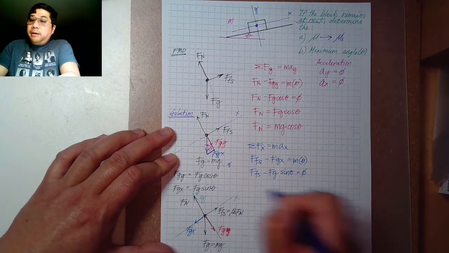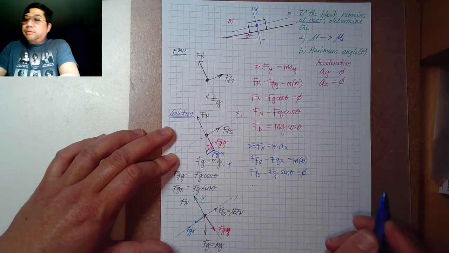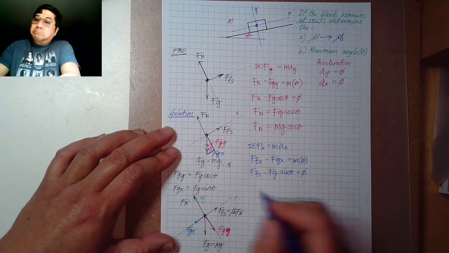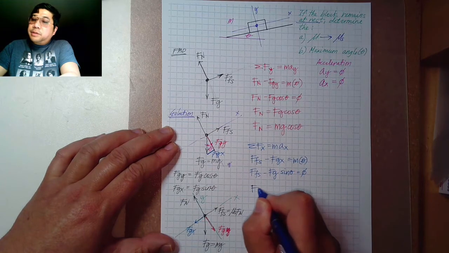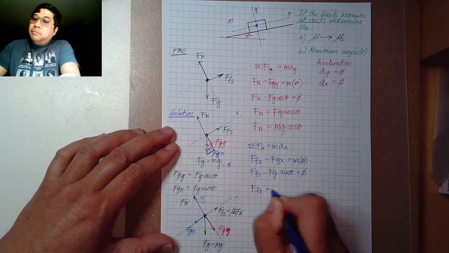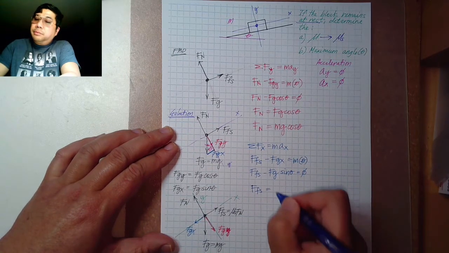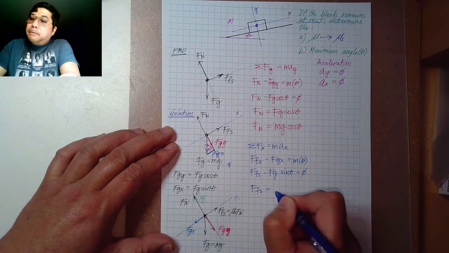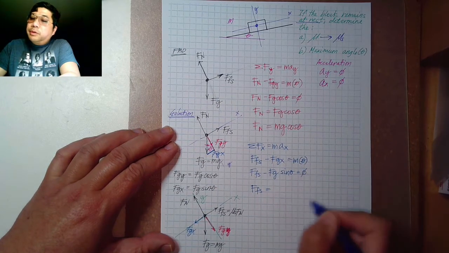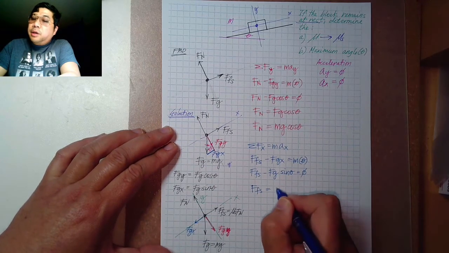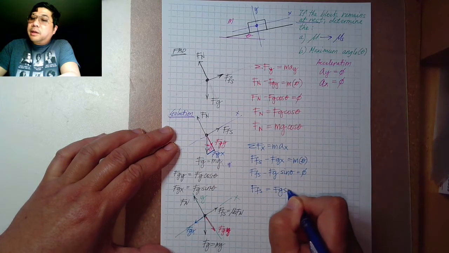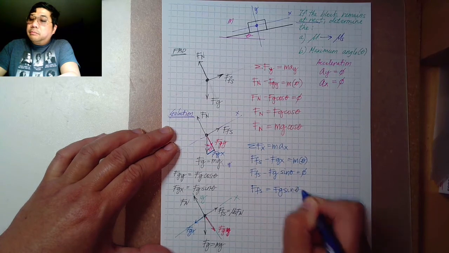So we can say that the force of friction is equal to, if we move it to the other side of the equation, it changes to positive, so that is Fg sine theta.